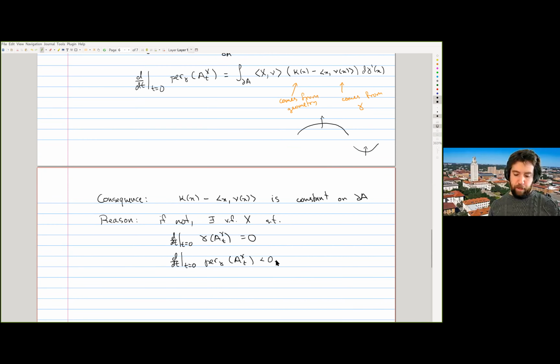By modifying this a little bit and doing some implicit function theorem stuff, you can show that there actually exists a set with exactly the same measure as your original set, but a smaller perimeter, and so then you're not minimal. This is basically like Lagrange multipliers in this calculus of variations setting.